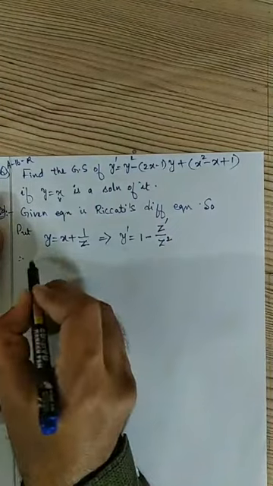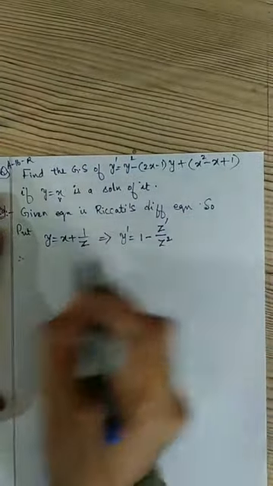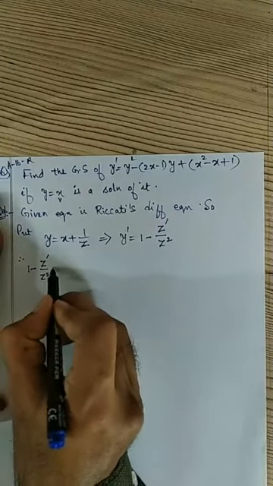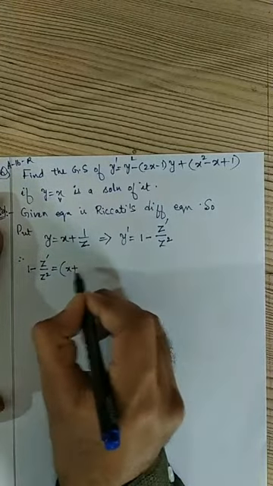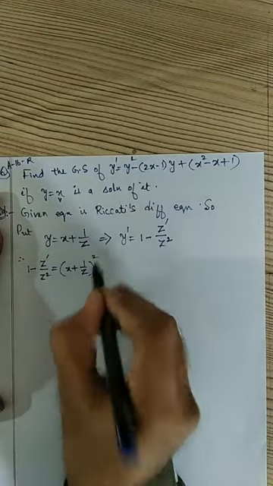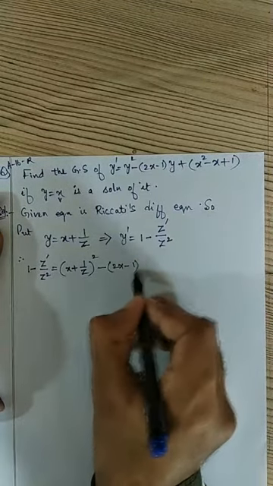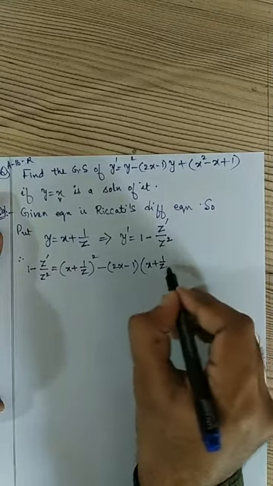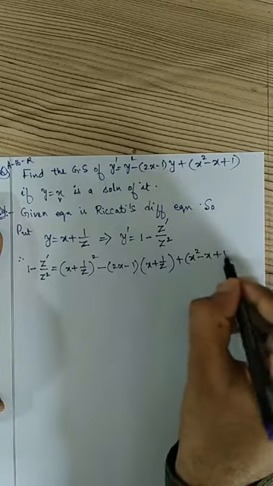Therefore, y dash is nothing but 1 minus z dash by z square, equals y square minus (2x minus 1) into y plus x square minus x plus 1.